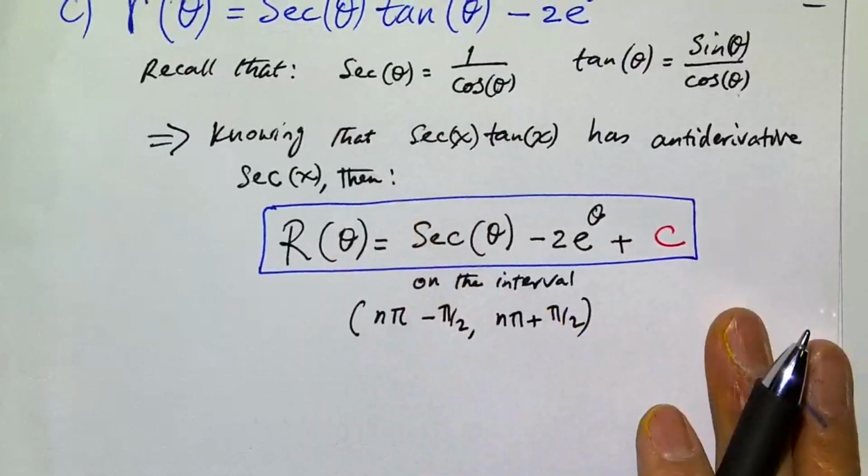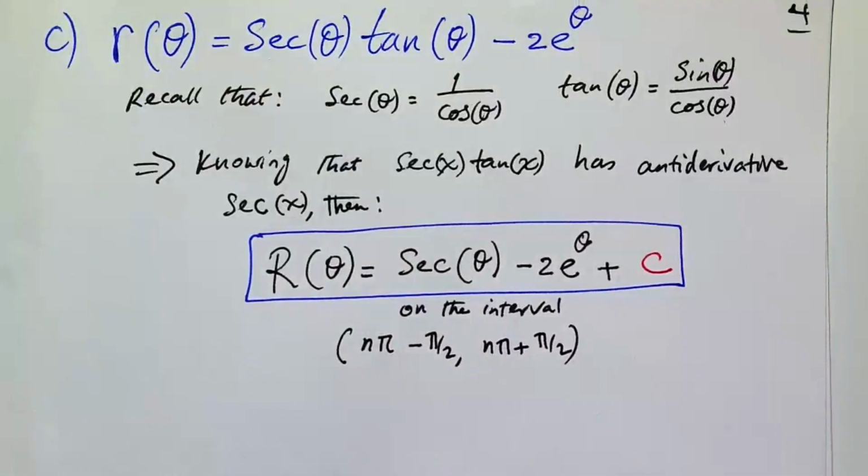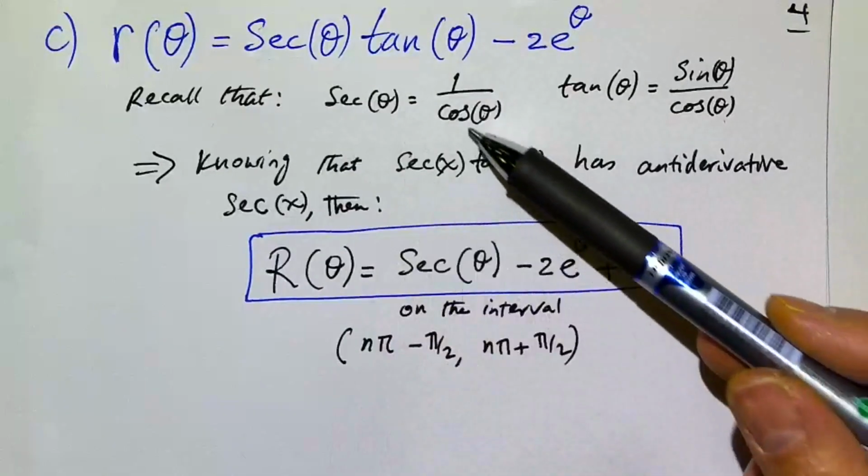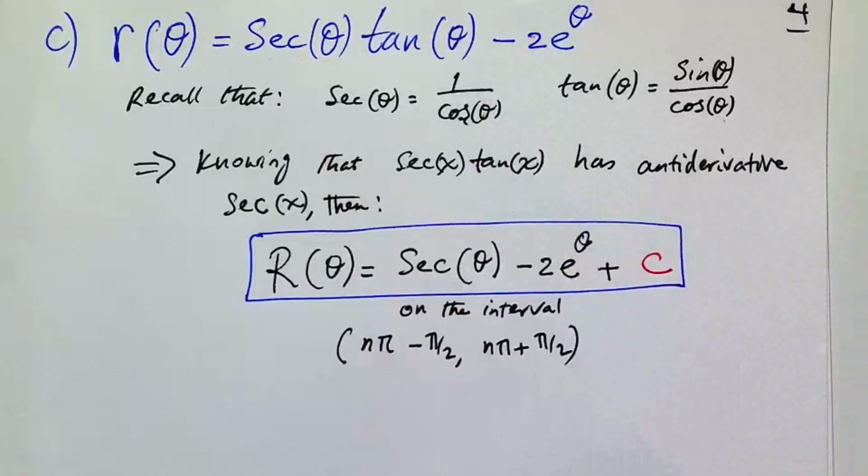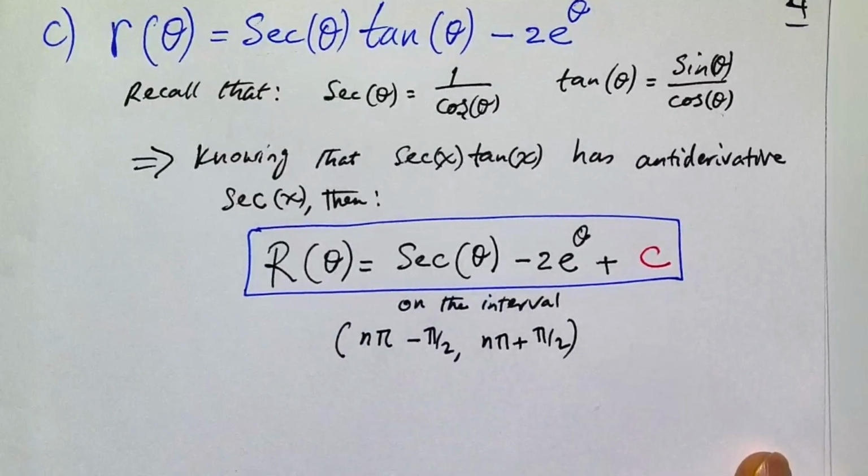This is what I was saying earlier, that we have to remember this because we have to be careful about the domain of the antiderivative function. So this explains what the domain of the antiderivative should be.